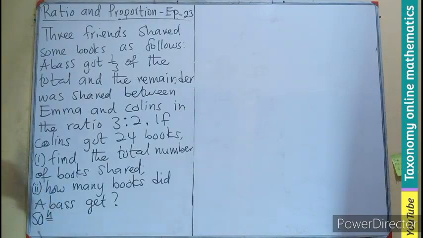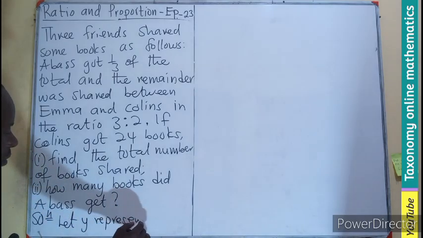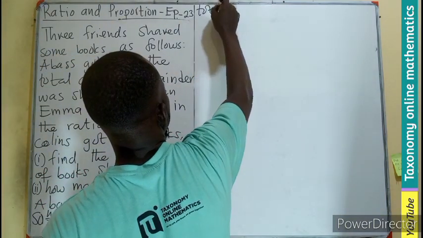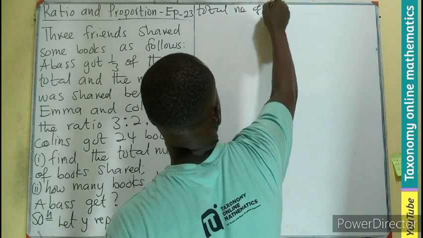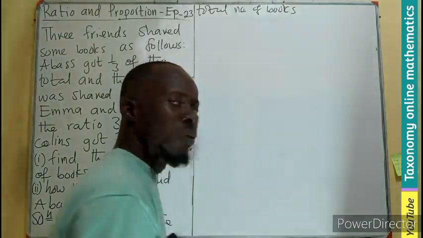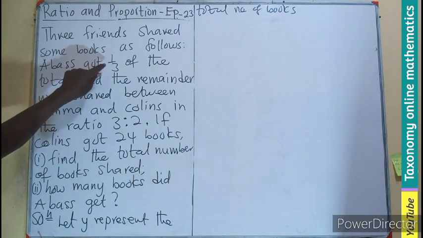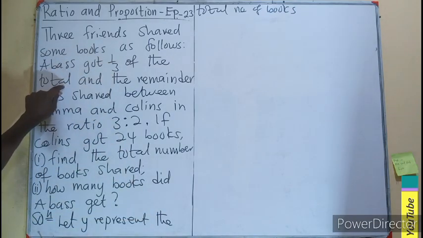Let y represent the total number of books. If the total number of books is y, Abbas is taking 1/3 of that number.